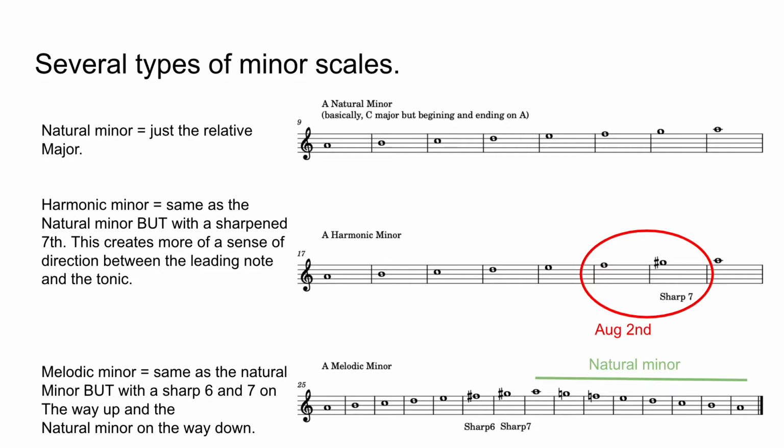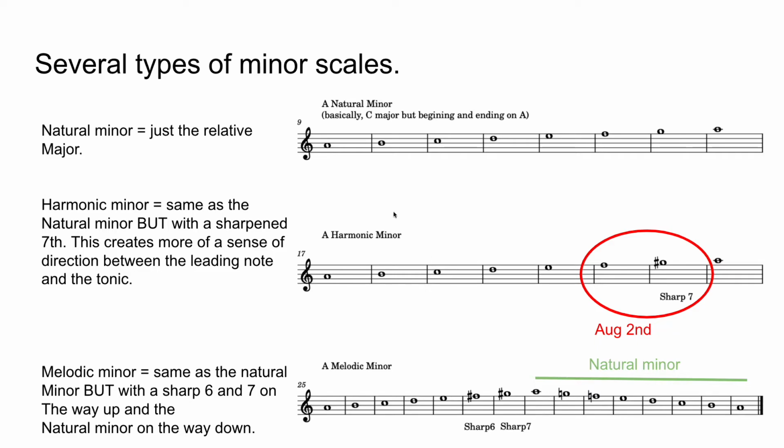It's important to remember that this is all within the key of A minor. None of these are keys in themselves. You wouldn't ever say that something is in natural minor or harmonic minor or melodic minor. You would always say that something is within the key of A minor. But you might see some of these scales used within a piece in A minor.